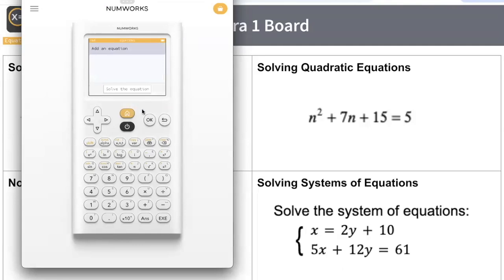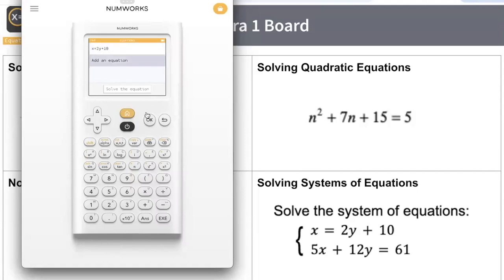It will say add an equation. I would click OK. There are a few templates that you could choose from, but I'm just going to choose empty for right now. And I would type X. The equal sign is shift pi. 2y is alpha 3 plus 10. Then you could hit execute or OK, and that will bring it down.